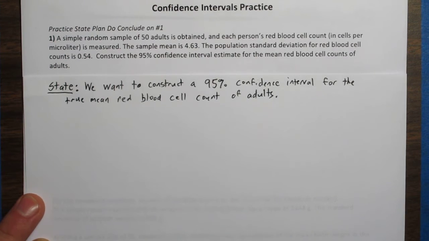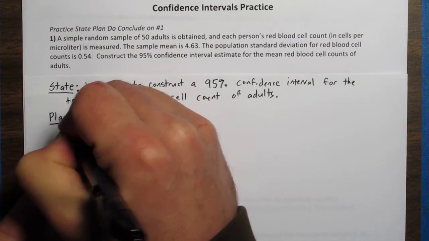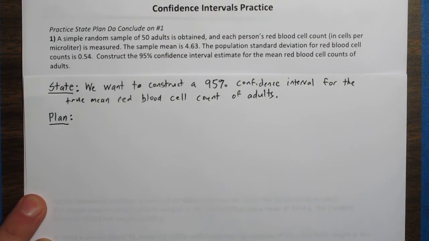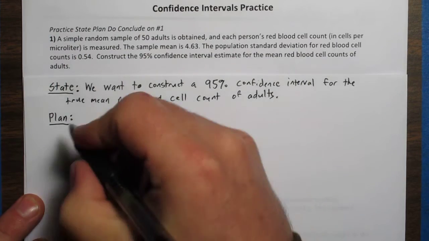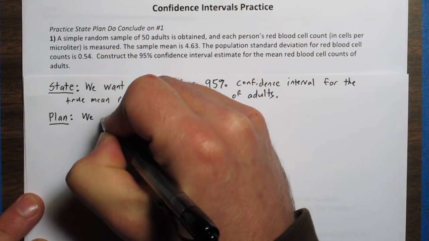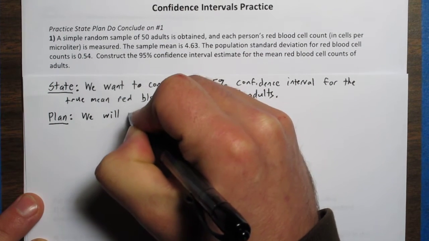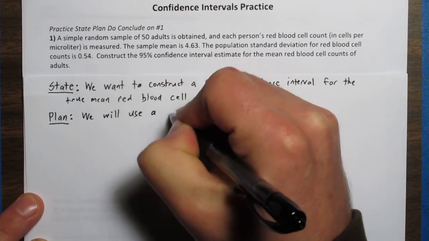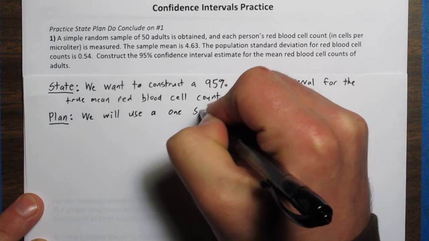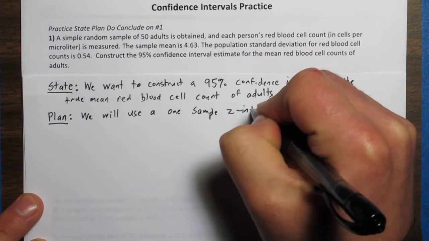The next step is our plan. In the plan step, I like to include the inference method as well as the conditions. So we'll say, we will use a one sample Z interval.